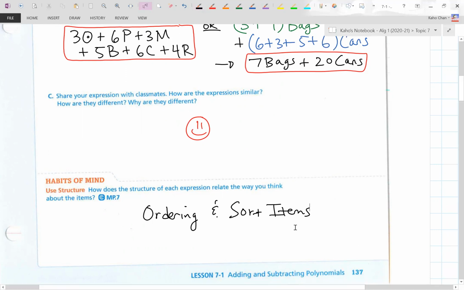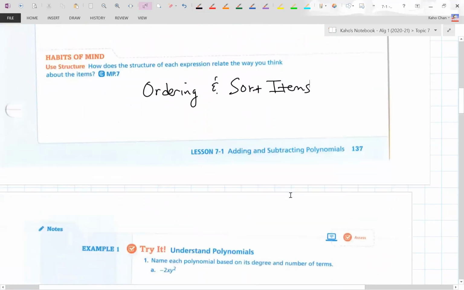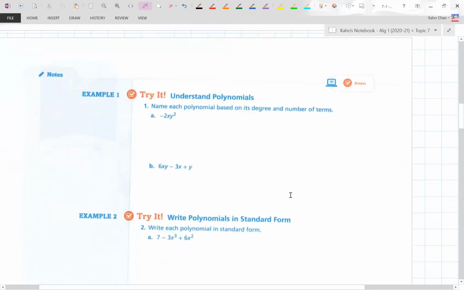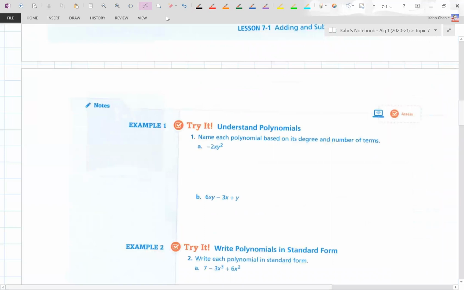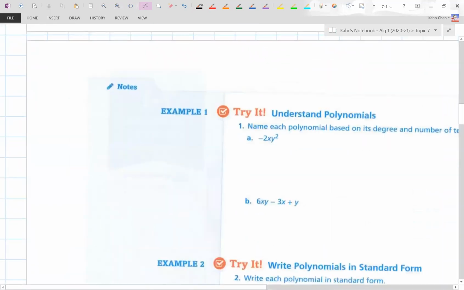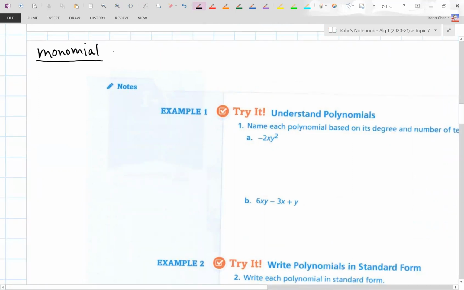All right, we have some vocabulary I do need to talk about here. Let's use some space off to the left and describe some terms here, starting with monomial. Write this down in the upper left-hand corner. A monomial, of course, is a polynomial with one term.